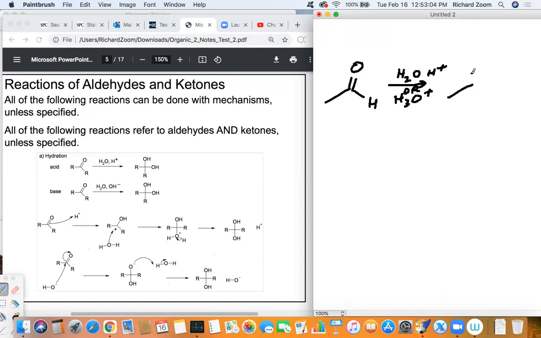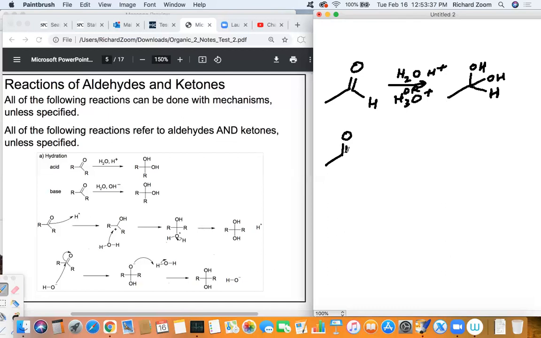And the product there is what we call a gem diol. It's two OHs connected to a C. These are very unstable, by the way, and I'll show you on the next slide how stability of this kind of situation can be increased. But for the most part, this doesn't go very far in the diol direction. It pretty much stays mostly with the aldehyde, but we can do this by doing this mechanism.